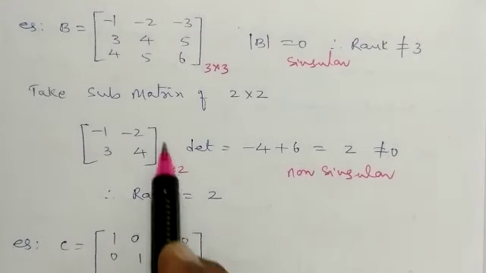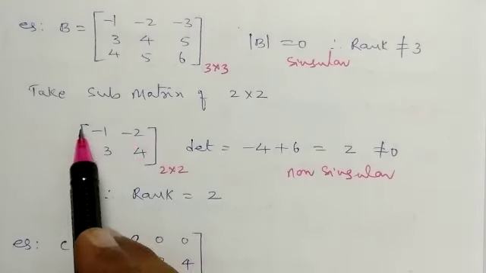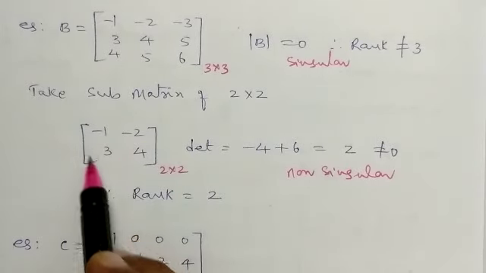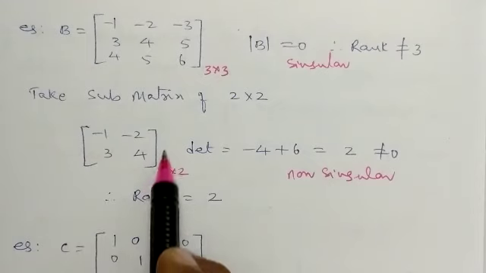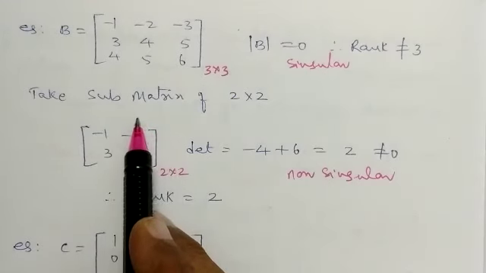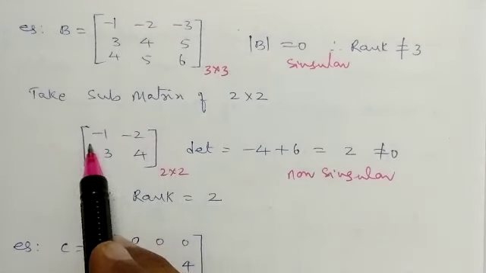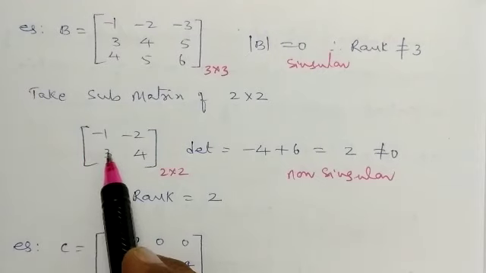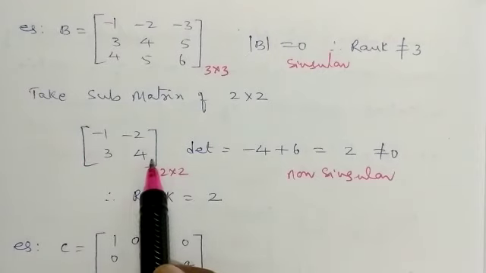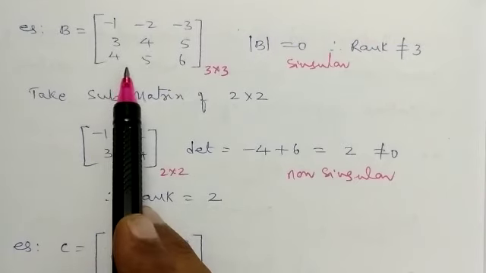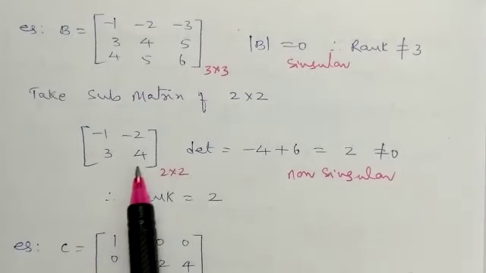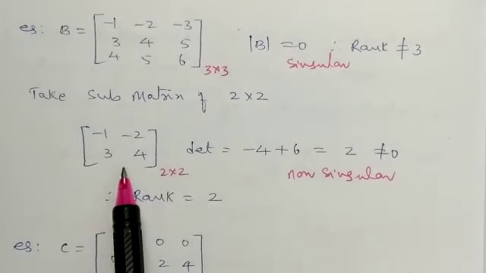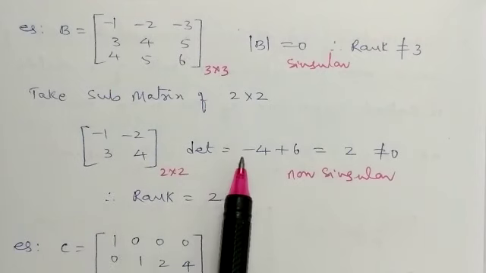Suppose this submatrix's det is also 0. Now take one more submatrix of order 2 by 2, because there are many 2 by 2 square submatrices. You have to identify at least one submatrix of order 2 by 2 whose det is not equal to 0.